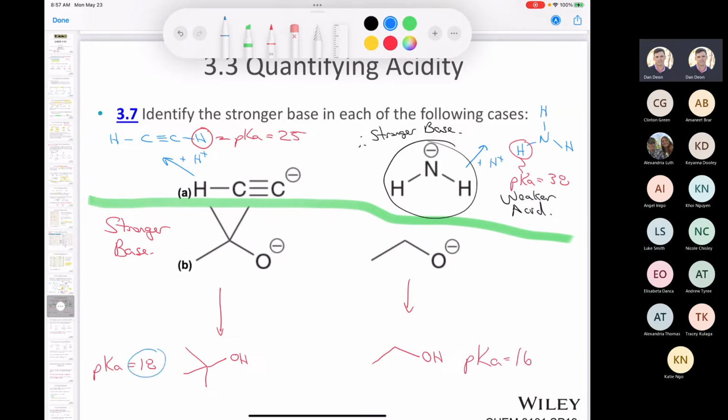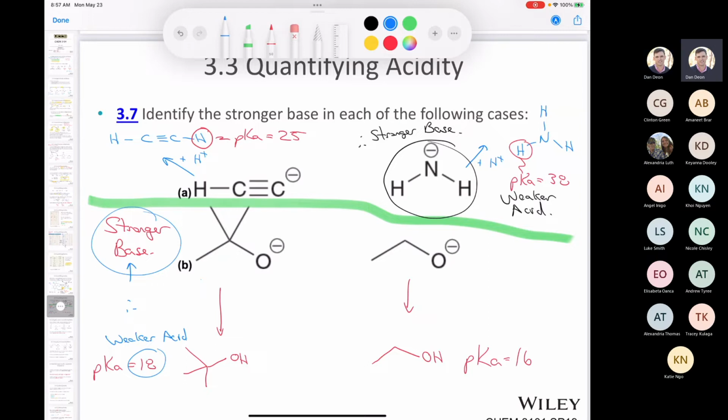Again, same rationale. We'll put here weaker acid, therefore stronger base. We just compare the acids and bases. So whichever acid has the higher pKa is going to produce the stronger conjugate base. Whichever acid has the lower pKa is going to produce the weaker conjugate base.